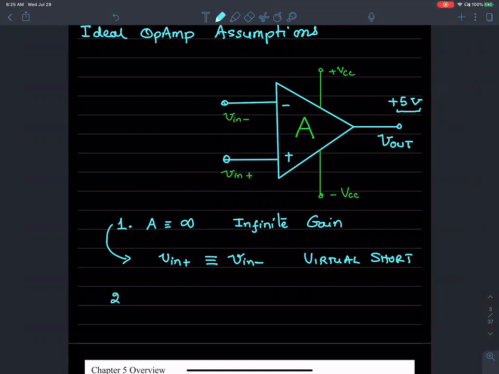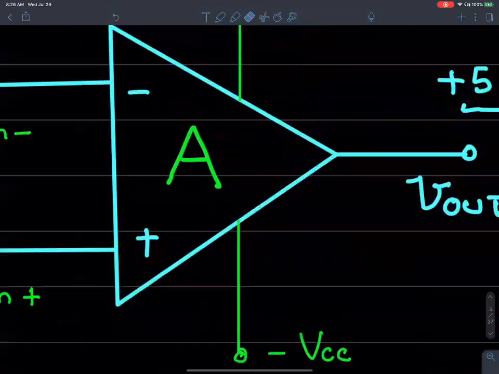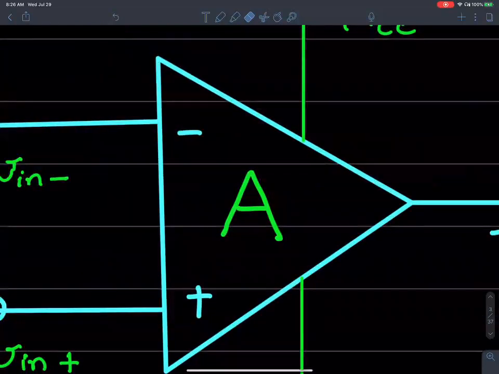The second op-amp assumption is that the amount of current going into this device is 0.